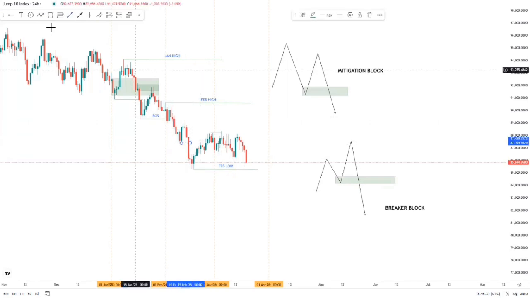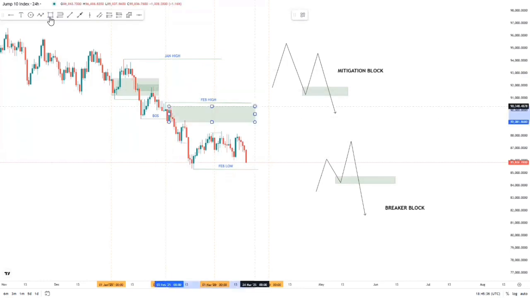Yes, we had a break of structure here, but here we have an inducement candle here. And the market, I want you to see something, guys. We need patience. The market will come.